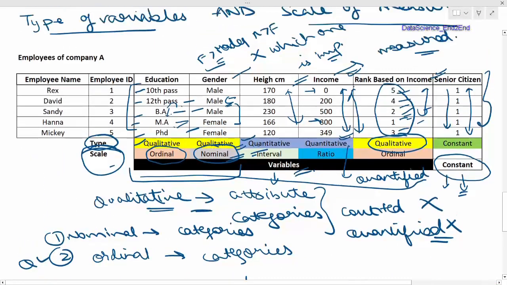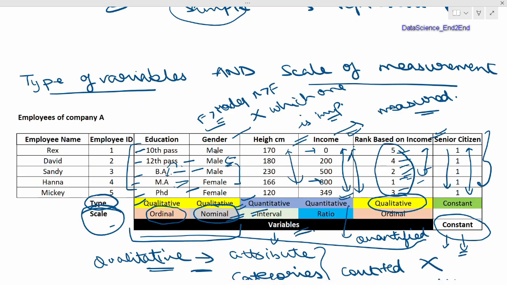Taking an example, in case of height, we can tell that David is taller than Rex, but at the same time we can also tell how much taller David is than Rex. While in our previous ordinal case, we can say that MA is better than BA, but we can't say how much more important it is. So that is the difference between interval scale and ordinal scale.